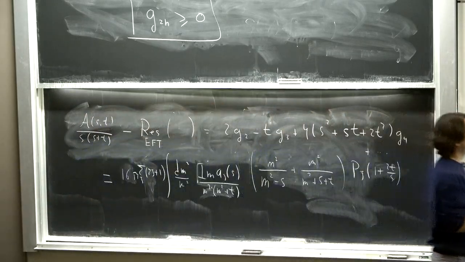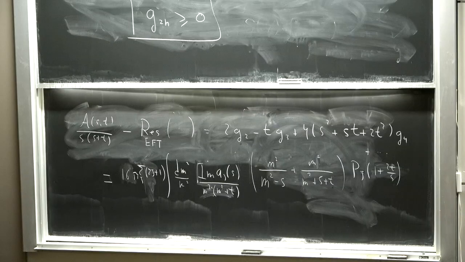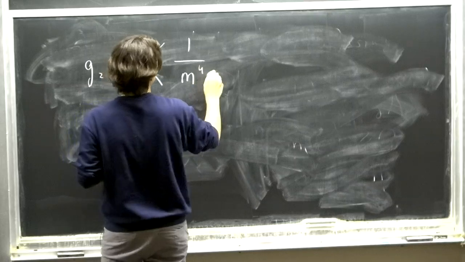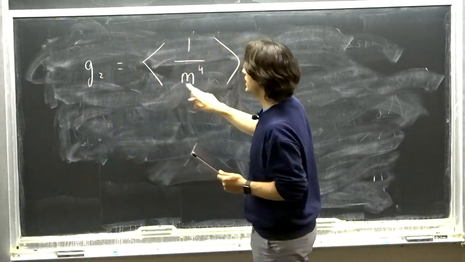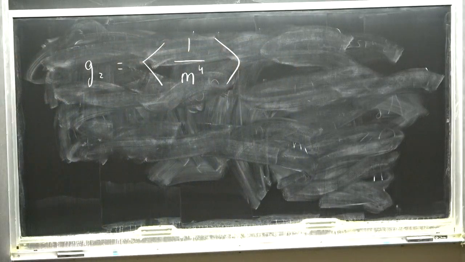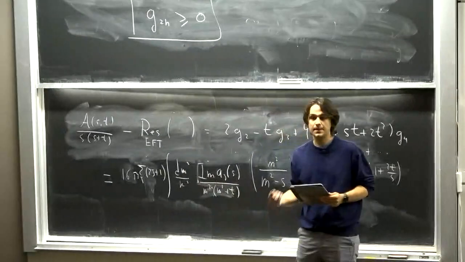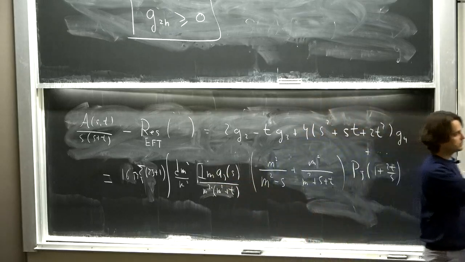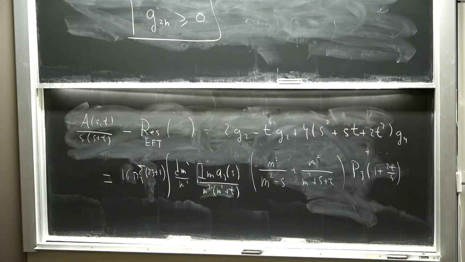So what we find is that G2 is this. What do I mean by this bracket? I just mean the integral over all values of m, of the mass of the high energy states, the sum over all spins by these positive coefficients. Okay? So this is a positive average over whatever is in the brackets. And here tells me that G2 is just the average over 1 over the mass to the 4th of these guys. Right?